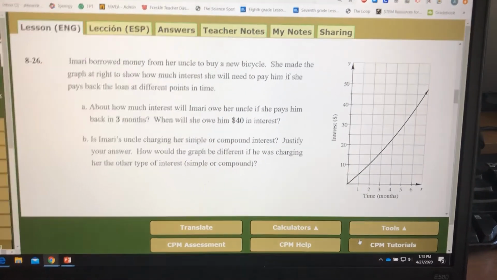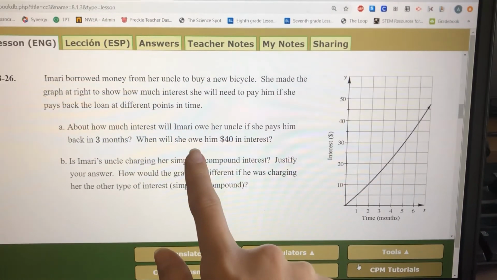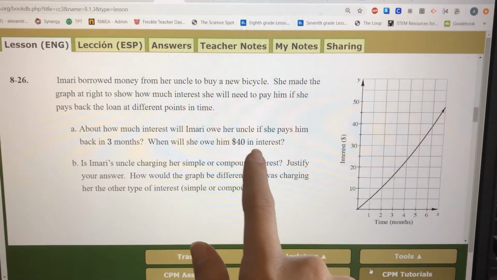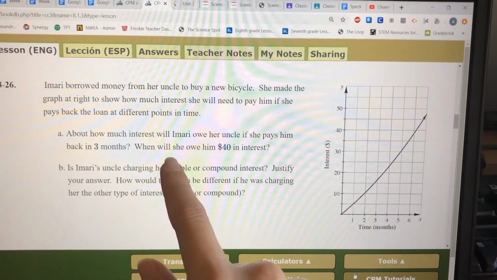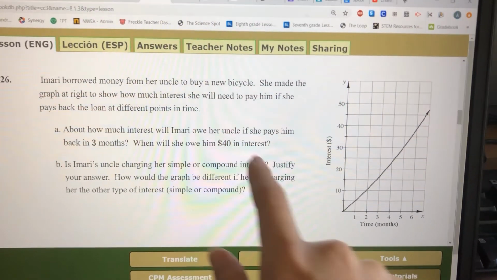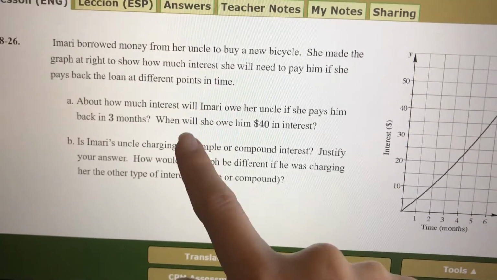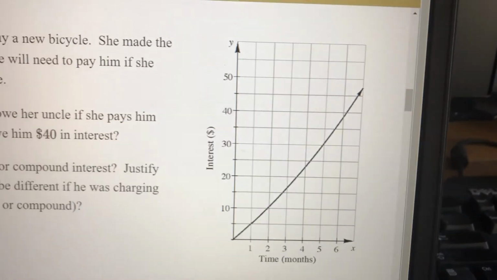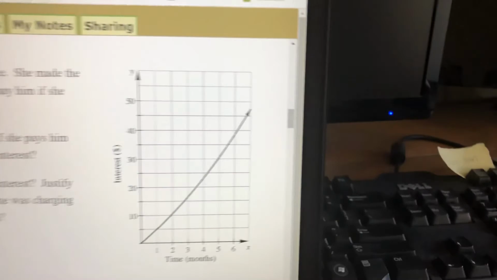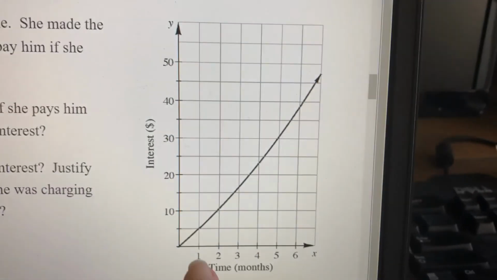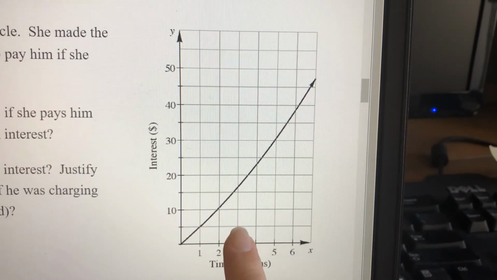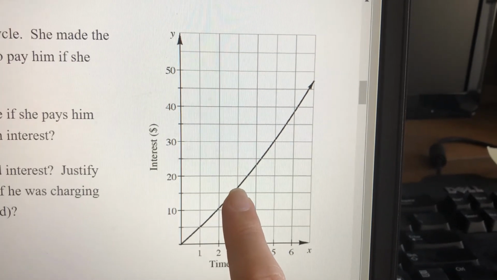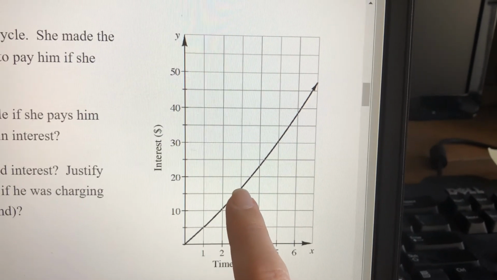So it says, part A, about how much interest will Imari owe her uncle if she pays him back in 3 months? When will she owe him $40 in interest? Let's look at the graph. It's asking after 3 months. So we have months on the X axis, interest on the Y. Let's look at 3 months and move up to about this little area.